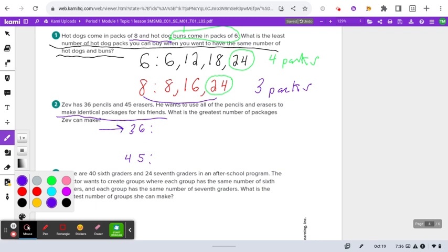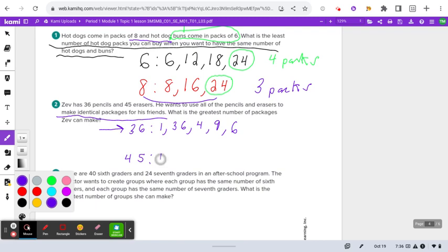So like I know 1 times 36, of course, is a possibility. I know 9 times 4. And I know 6 times 6. So I'm not going to list 6 twice. I'll just leave it there as 1. Then I'll move on to the 45 erasers.